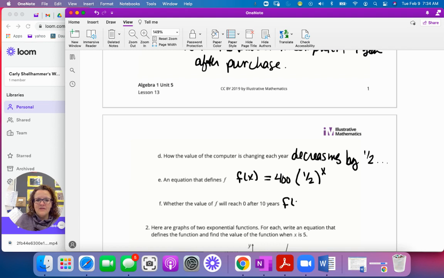So we can calculate it. f at 10 equals 400 times 1/2 raised to the 10th power. 400 times 0.5 raised to the 10th power. That computer is worth pennies. 39 cents. So not 0. Basically 0, but not exactly 0. Yep, a little less than 40 cents.